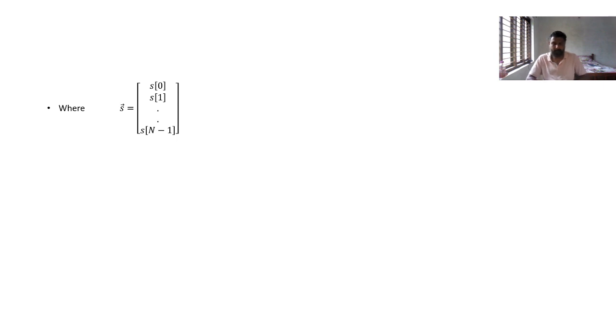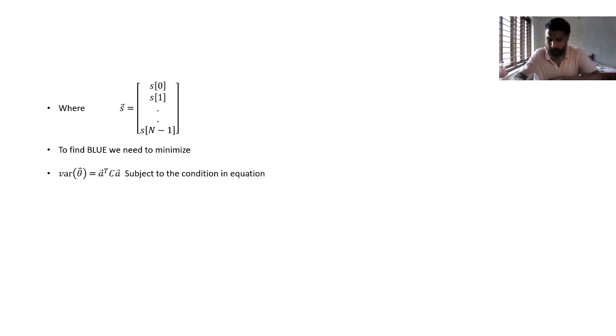To find the BLUE, we need to minimize the variance of theta cap, which is nothing but a transpose C a, subject to the condition in equation 4. I will show that.